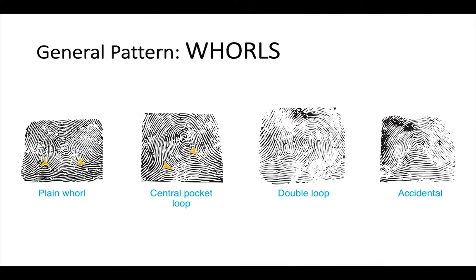And even with double loops, you got 2 deltas. 1 and 2. Sometimes it's a little hard to find, and remember, next to each of these deltas, you have 2 diverging lines that go around the pattern called typelines. With accidental, here's one, and here's another.